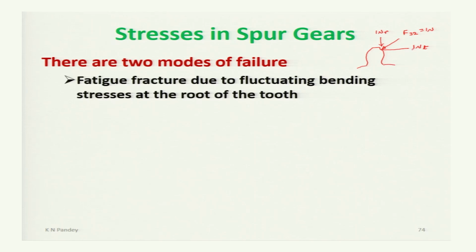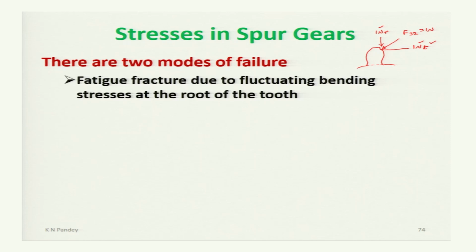So you can say that due to this force and due to this force, there will be some stresses due to bending of teeth due to this transmitted load WT. WT will have some bending arm and a bending moment will act, and due to that at this section and along the length there will be bending stresses.